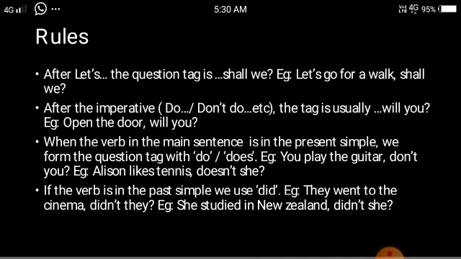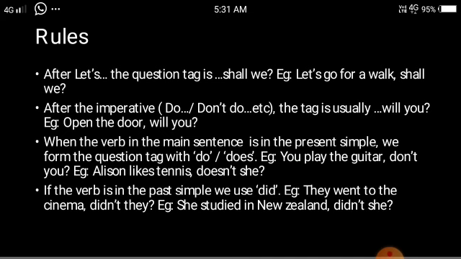Next. If the verb is in the present, then do or does. If it is in the past simple, then the verb that you have to use is did. They went to the cinema. Went is past form. They went to the cinema. Didn't they?